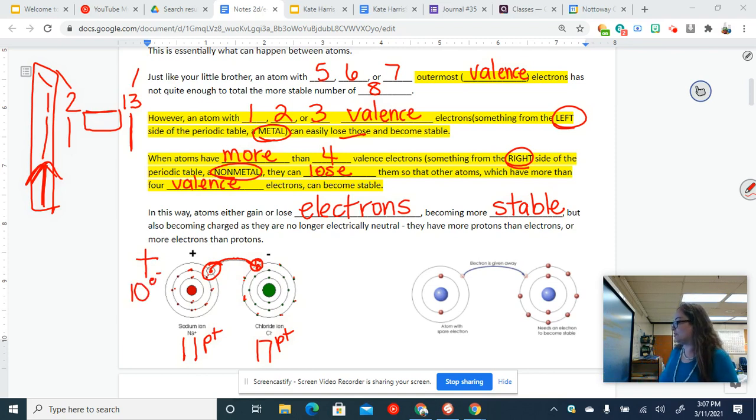The chlorine gained an electron. So it has 17 protons, but it has 18 electrons. So it now has a negative charge. And we know that opposites attract. So those two snap together and we get NaCl, a salt molecule.